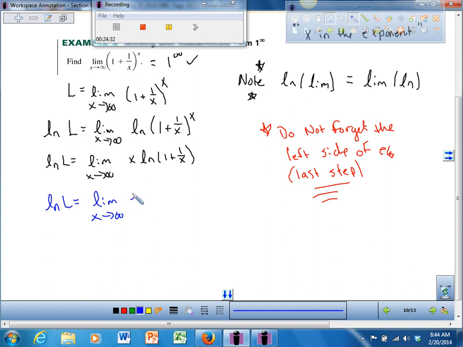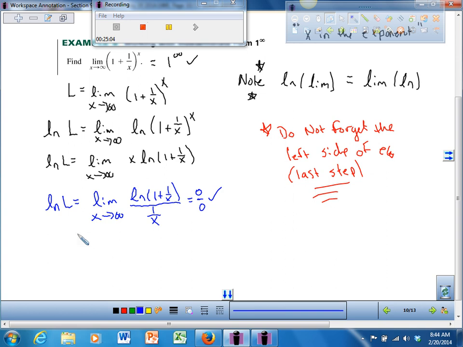The natural log of 1 plus 1 over x all over 1 over x. Well, it's the same idea. If you multiply that by x, it's the same as dividing by 1 over x. Because you multiply by the reciprocal. All right. When we plug in infinity, I've got the natural log of 1, which is 0, and 1 over infinity approaches 0. So we have our situation for L'Hopital, let's recall.